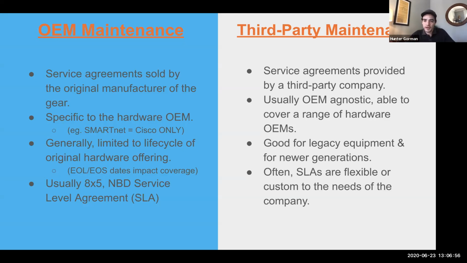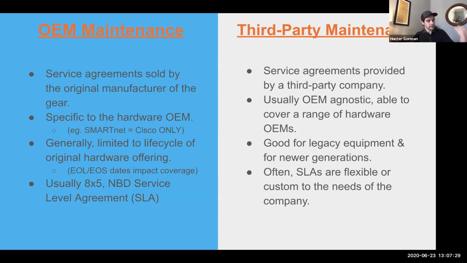So an example of that, you can't put a Juniper switch on SmartNet. That just would be kind of backwards. So that is definitely true with OEM maintenance, not so much third-party maintenance, but we'll get to that in a second. Another nuanced thing about OEM maintenance that you may have never thought of is that, because of end of sale, last day of support, end of life, those dates that come from the OEMs generally impact the life cycle of that asset in terms of maintenance.